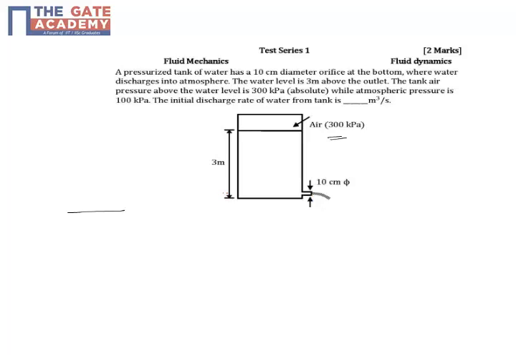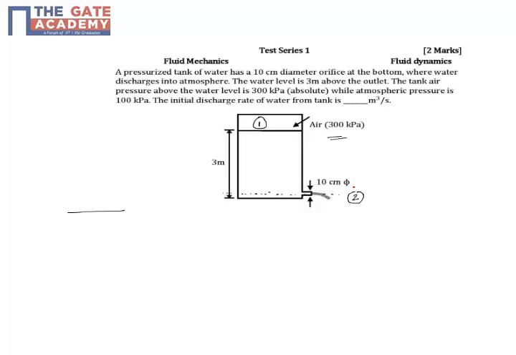So in this problem, discharge rate is related to the velocity. I can see basically two levels. I take 2 points. First is the water top, and the second level is the datum for my potential energy calculation, which is the level at which the water is coming out.